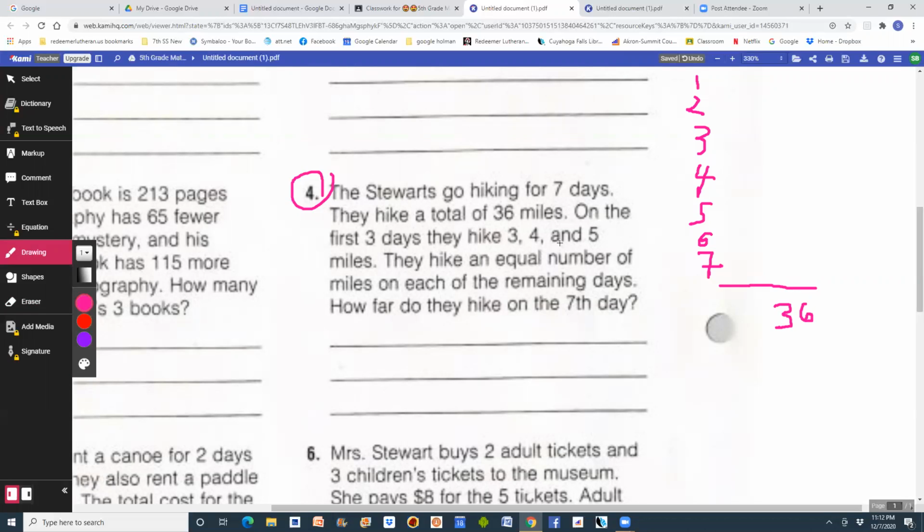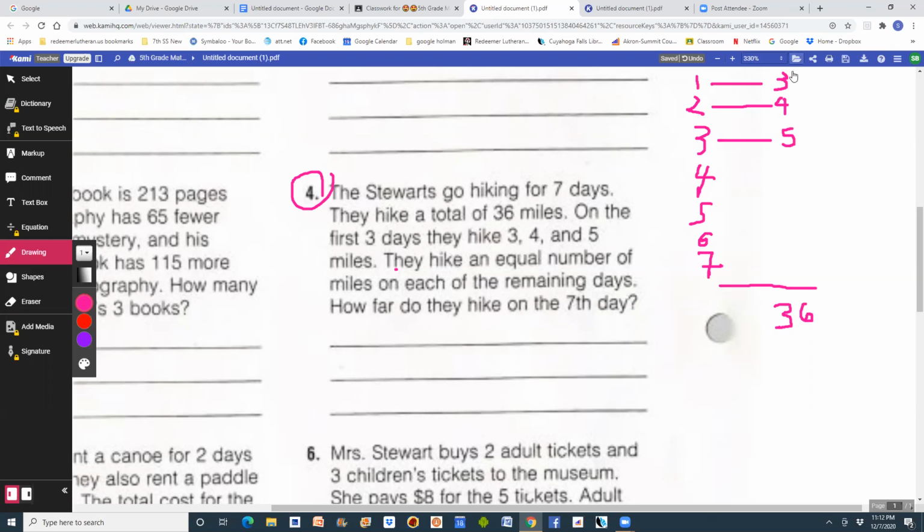On the first 3 days, they hike 3, 4, and 5 miles. All right, well, I can keep track of that. 3 for day 1, 4 for day 2, and 5 for day 3. Then it says they hike an equal number of miles on each of the remaining days.